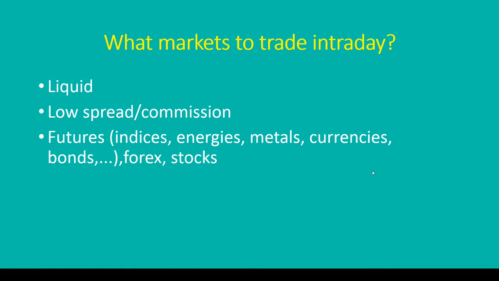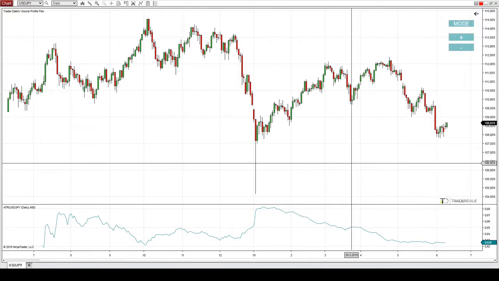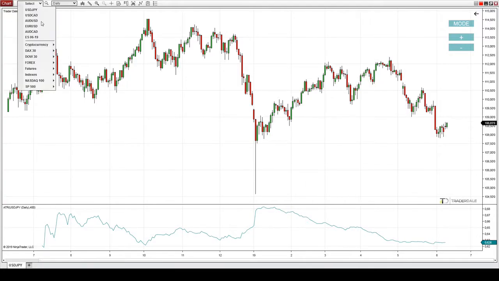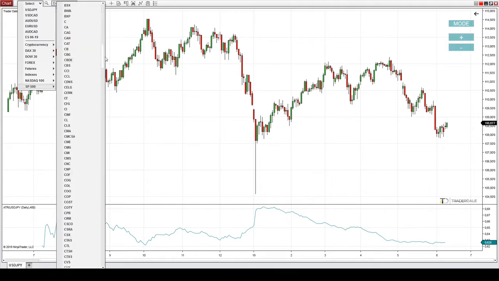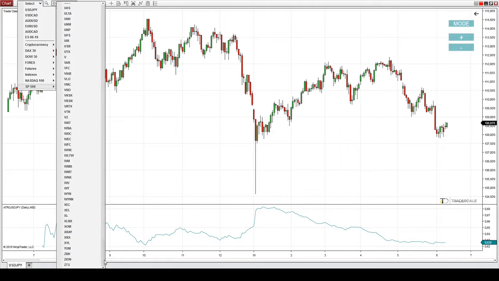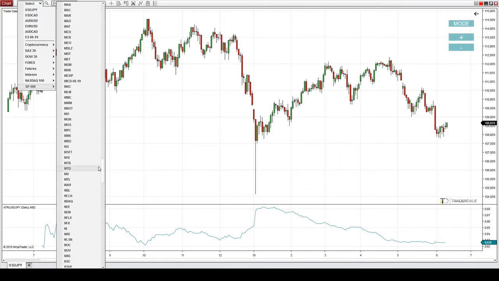Alright, so if I go back to the chart, here is the SP 500, and those stocks are all big stocks in this big world index. Those stocks are good to trade intraday because they have good liquidity. They are big stocks, big companies. So if you want to day trade stocks, you definitely want to stick to big stocks like these.